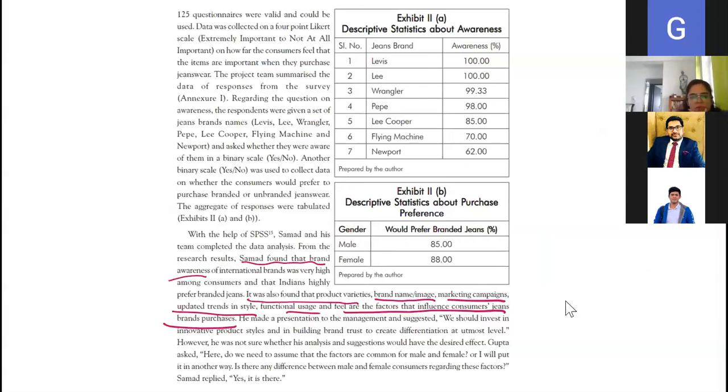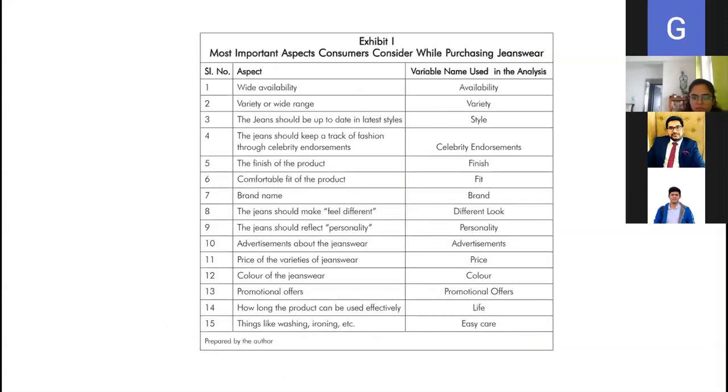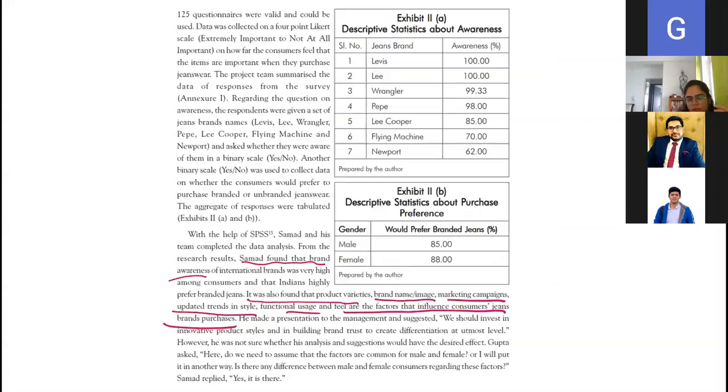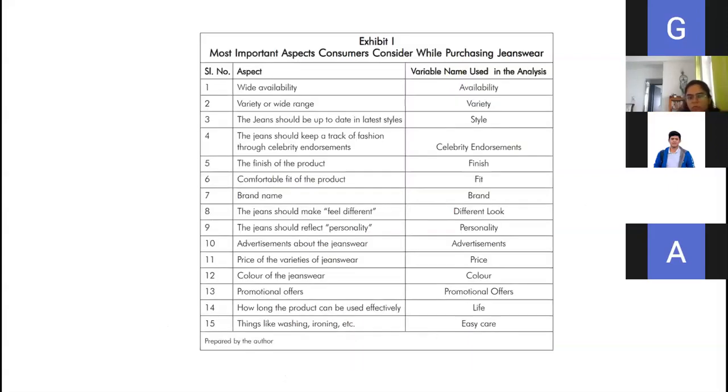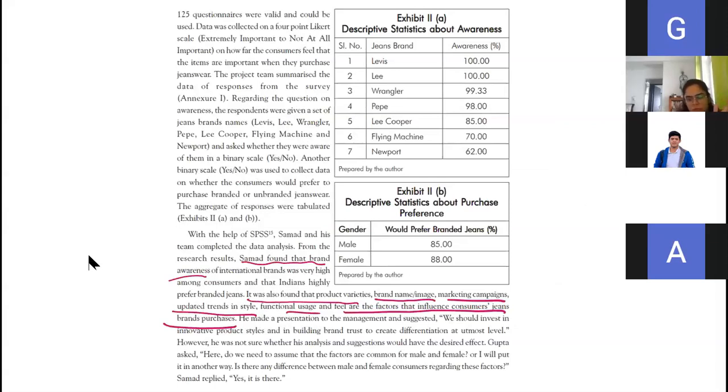Or have you all forgotten? No, you remember, good. We had around 15 parameters, and then we ran factor analysis and arrived at around 6 factors, under which you can group these 15 parameters.